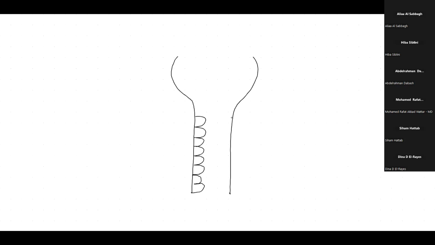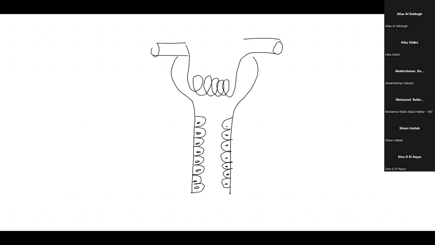Here is the epithelial lining of the tubules. And here is the afferent arteriole. Here is the glomerular capillary. Here is the efferent arteriole. So the blood enters from here. Some of the elements get filtered from here, and then it leaves from there.